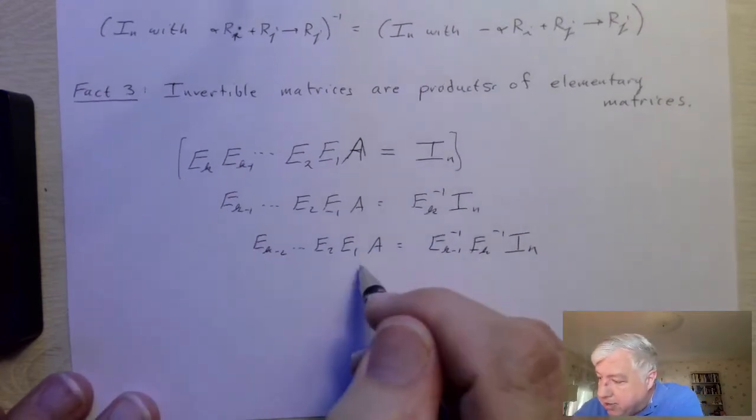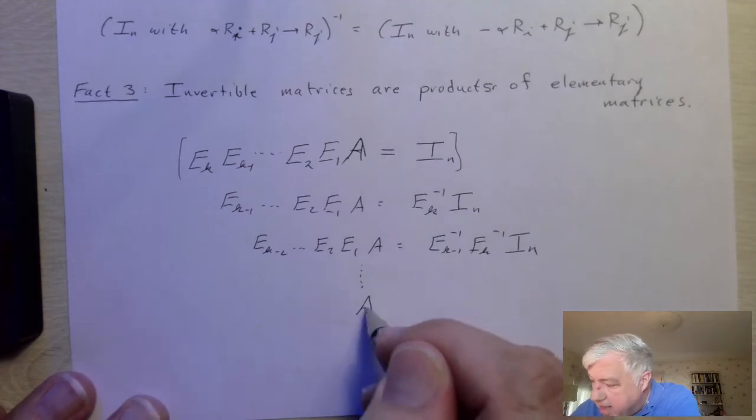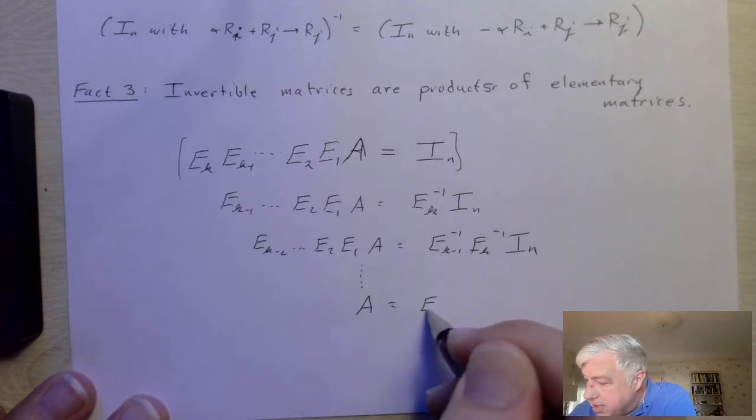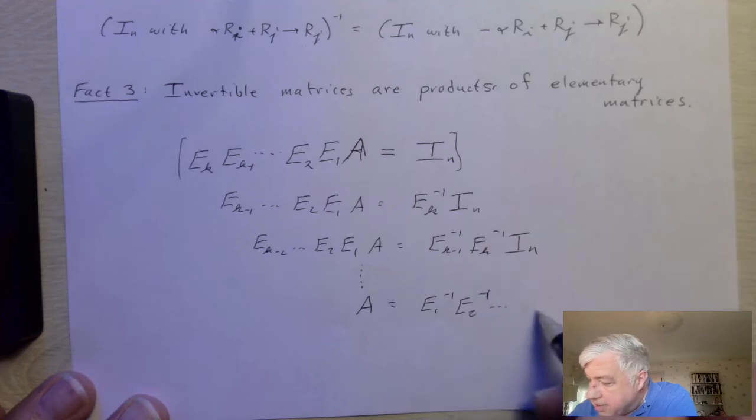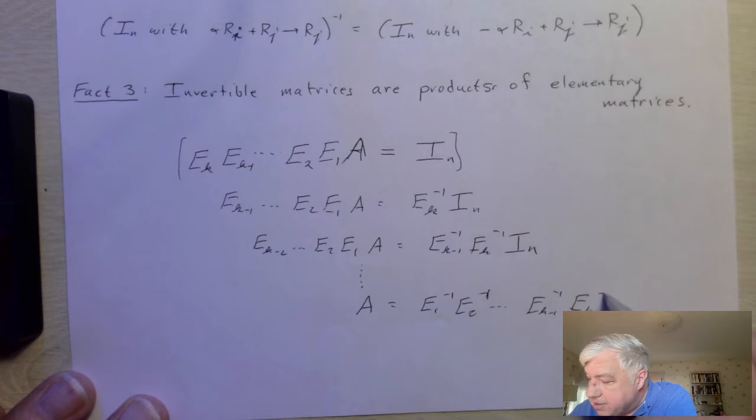And we can keep on doing this until we get that A is equal to E1 inverse, E2 inverse, through EK minus 1 inverse, EK inverse times IN.